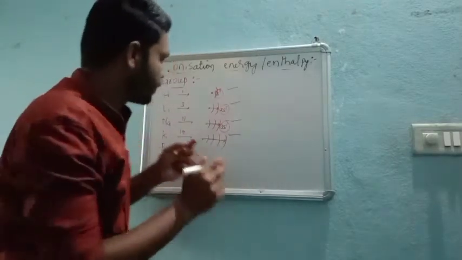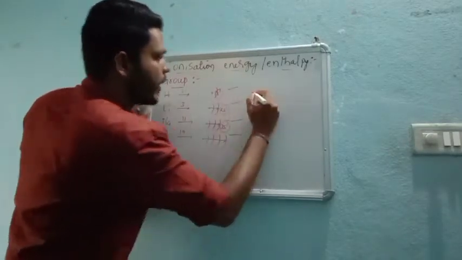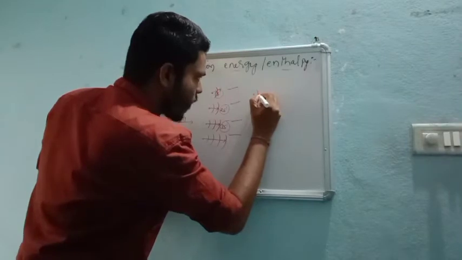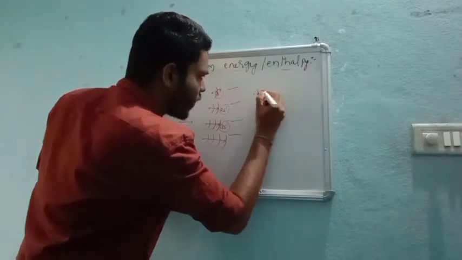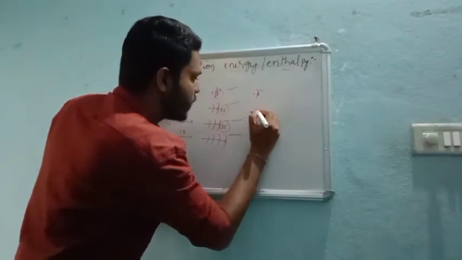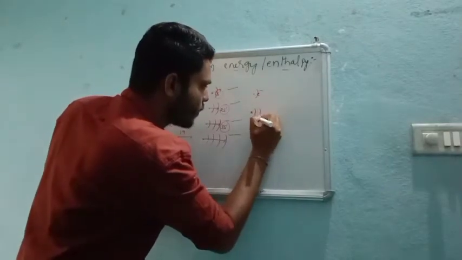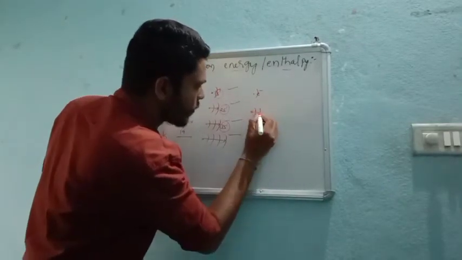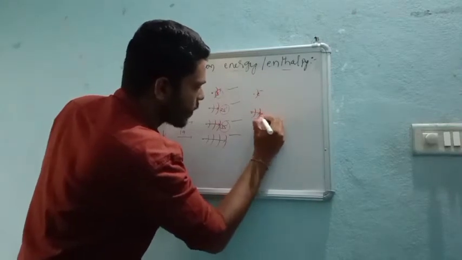In hydrogen, the valence electron is very near. In lithium, it is a little farther, because the valence shell is here now.